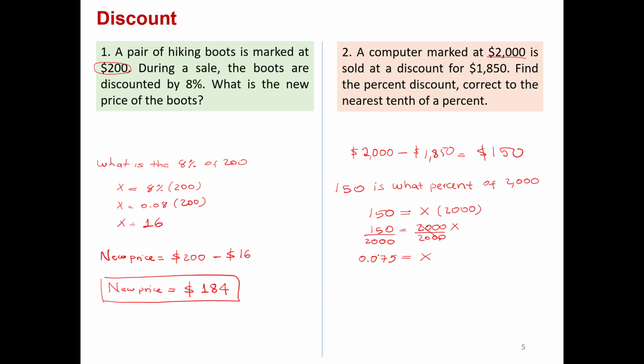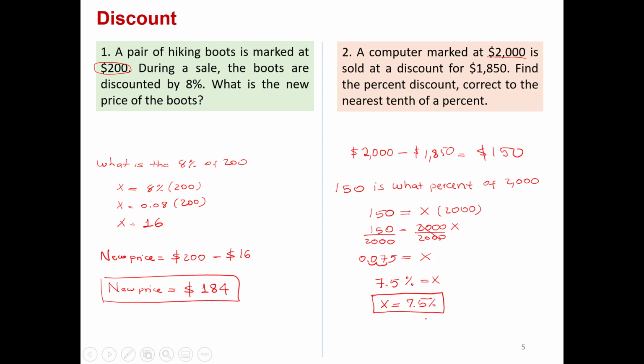Now we need to move the decimal point 2 places to the right. Then it will be 7.5. And now we need to write the percent equal to x, or we can write x equal to percent. Then in this case, it's already in the nearest tenth.